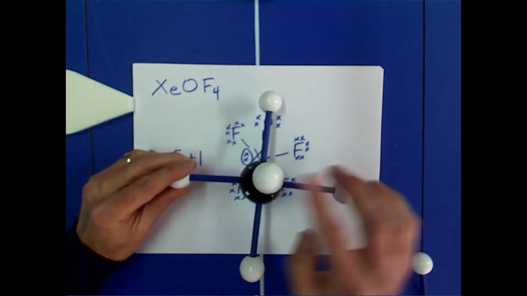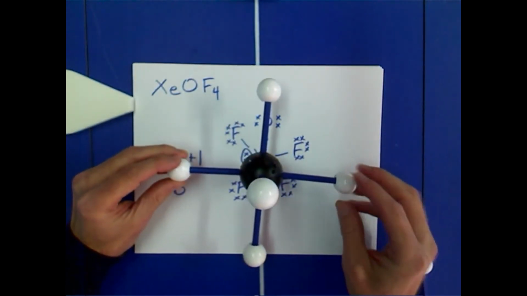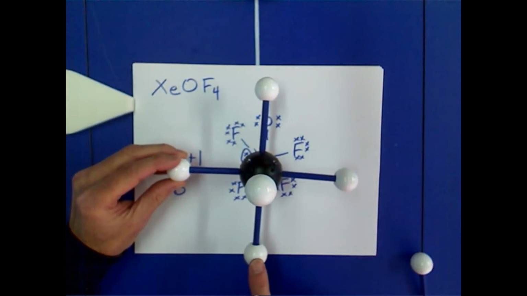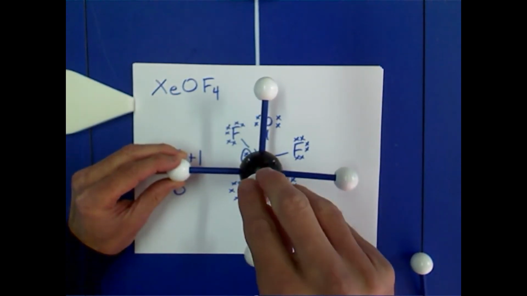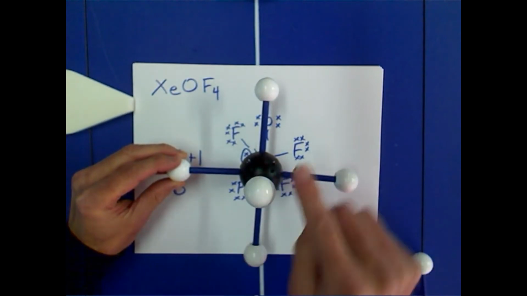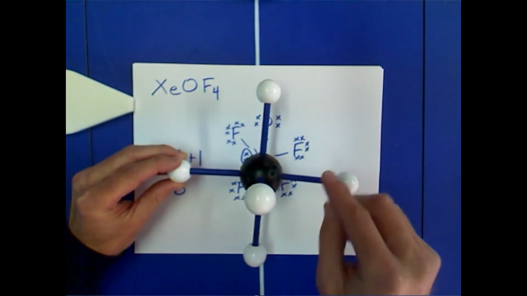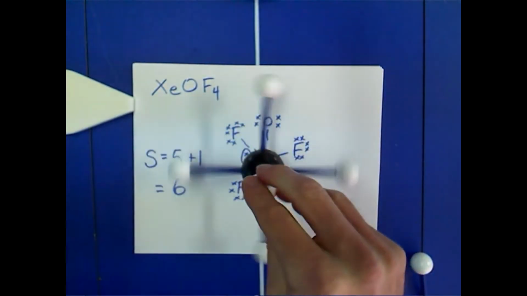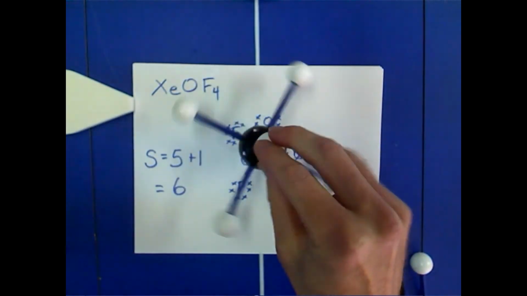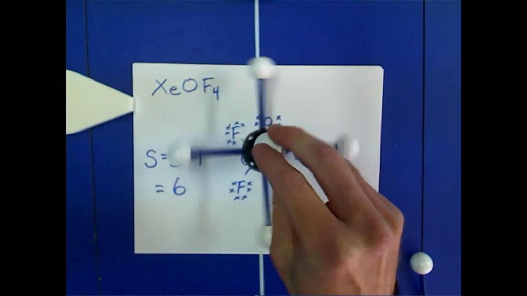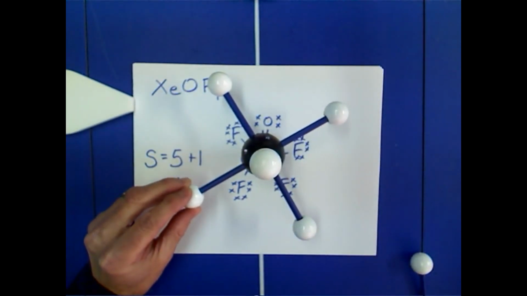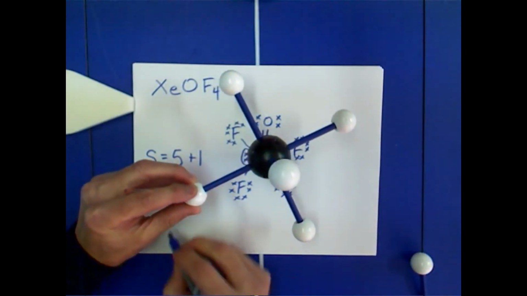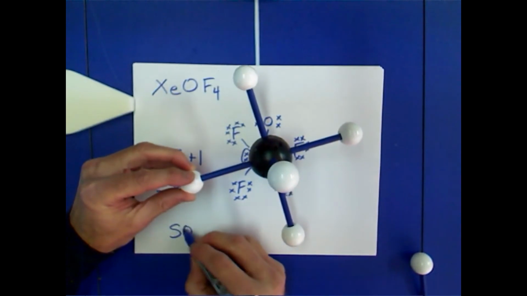If we imagine drawing a line from each terminal atom up to this top atom, this looks like the apex of a pyramid, and the base of the pyramid, represented by the 4 atoms that I'm rotating, is square. And so we would call this molecular geometry square pyramidal.